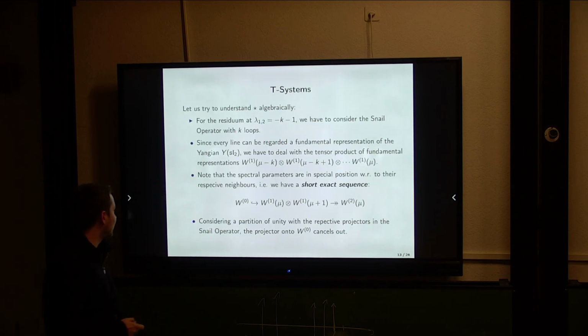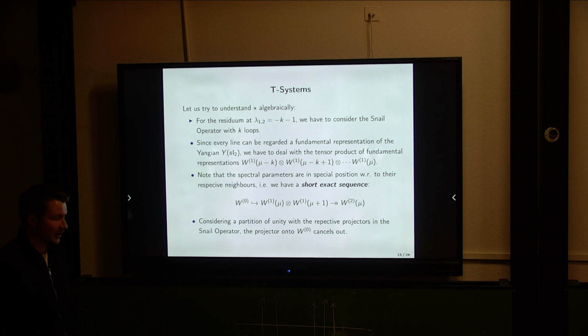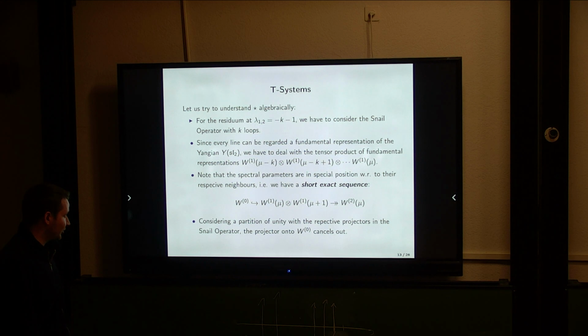So taking the residue at lambda 1, 2 at minus k minus 1, we get the Snell operator with k loops. And since every line can be regarded as a fundamental representation of the Yangian, we have to deal with the tensor product of fundamental representations.